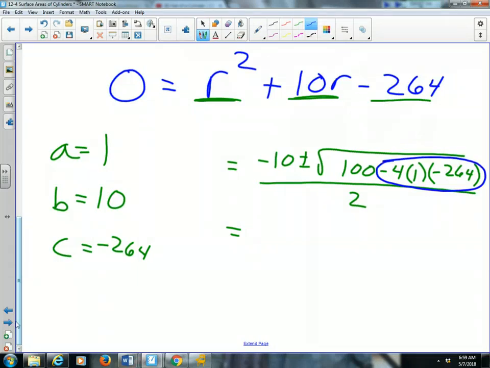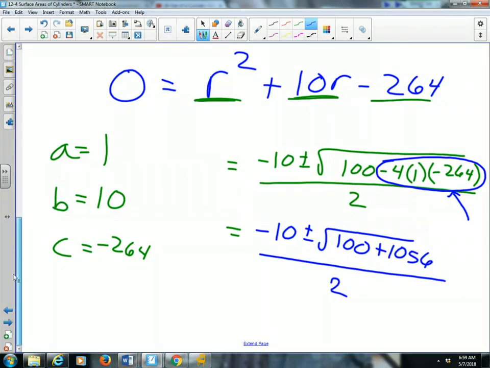Negative 4 times 1 times a negative 264 is what we're going to do first, and that becomes a positive 1056. So we still have the negative 10 plus or minus the square root of 100, and then this right here, a negative 4 times 1 times negative 264, becomes a positive 1056. All of that is divided by 2.